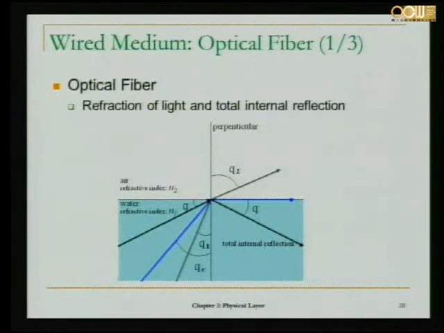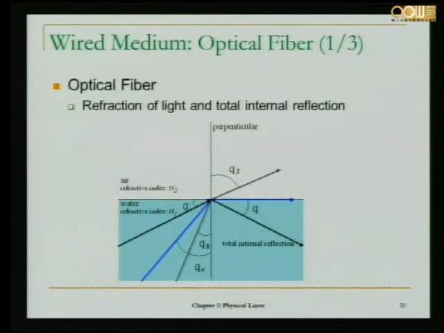As you can see, if these are two media, say this is water and this is air, but in the optical fiber you will have glass, both glass but different density. In this example, we see water and air. Of course, their densities are different.